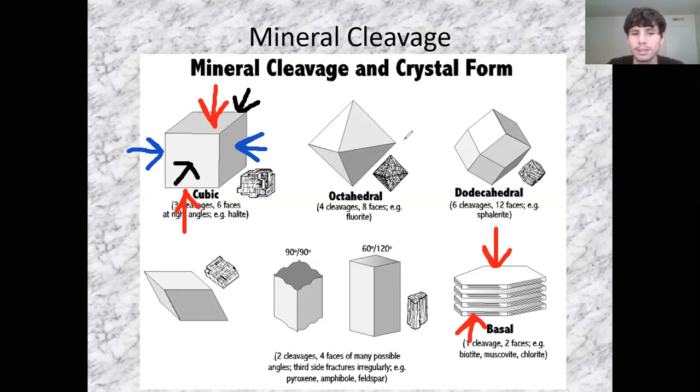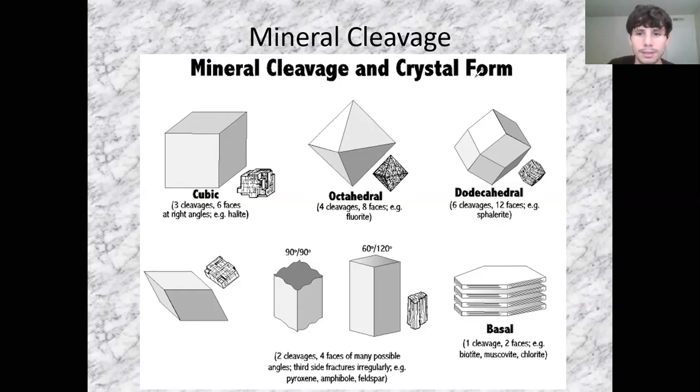You won't necessarily need to count all of the faces on these minerals, but this is how you identify cleavage for the minerals that do have cleavage. Hopefully that makes sense.